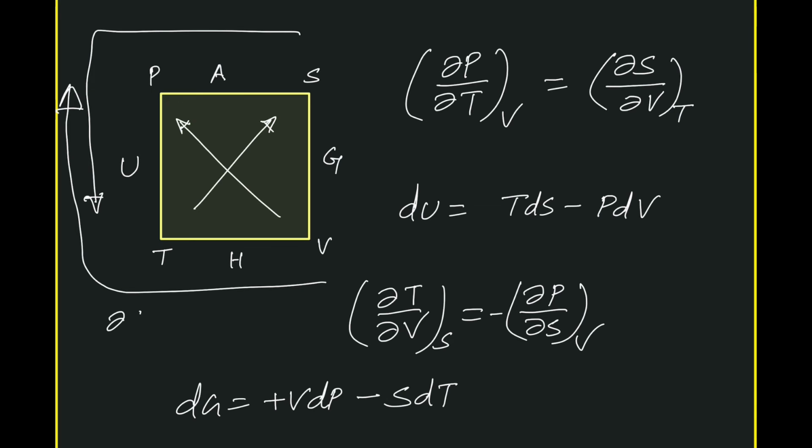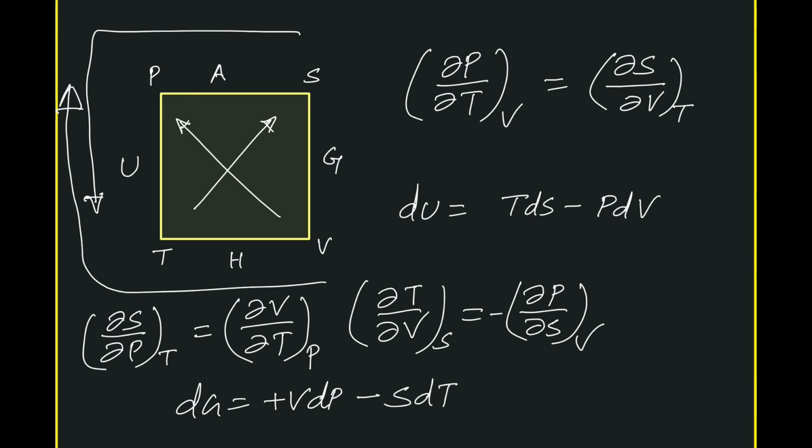Dou S by dou P at T, no? Dou S by dou P at T equal to dou V by dou T at P. Of course, here we are connecting this top and bottom.